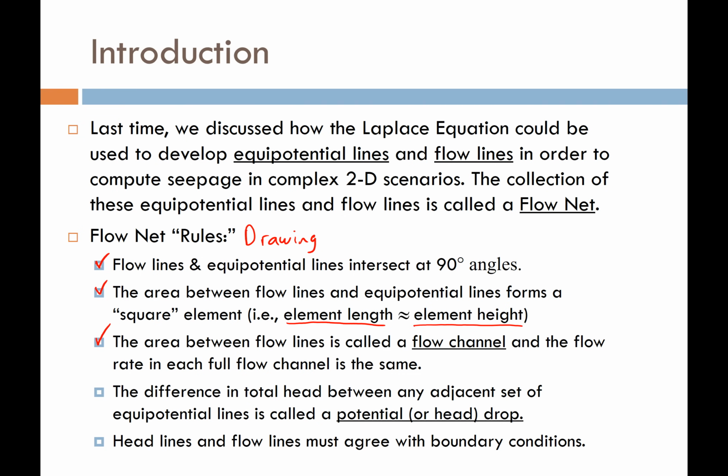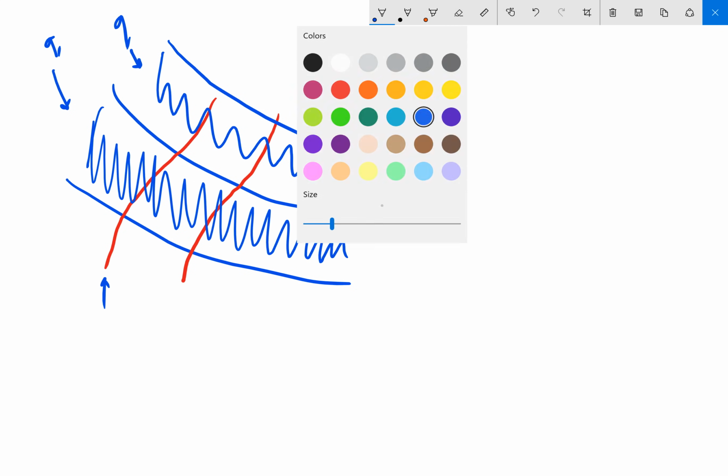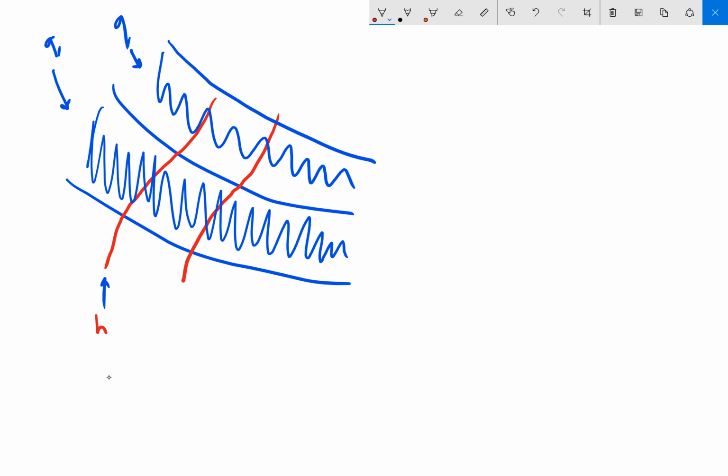Rule number 4, the difference in the total head between any adjacent set of equipotential lines is approximately equal, and we're going to call it a head drop. So going back to our example here, the head associated with this point right here and the head associated with that equipotential line right there, the difference between those is the change in head, and we call that a head drop.